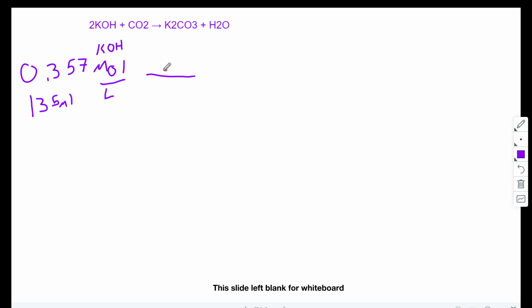Okay? So that means in total we have 0.135 liters. And now look, if we multiplied these two numbers together, the liters would cancel and we would be left with moles. Okay? So this is what I mean by that second rule in particular, that our goal is to get to moles, and we can get to moles a variety of ways.